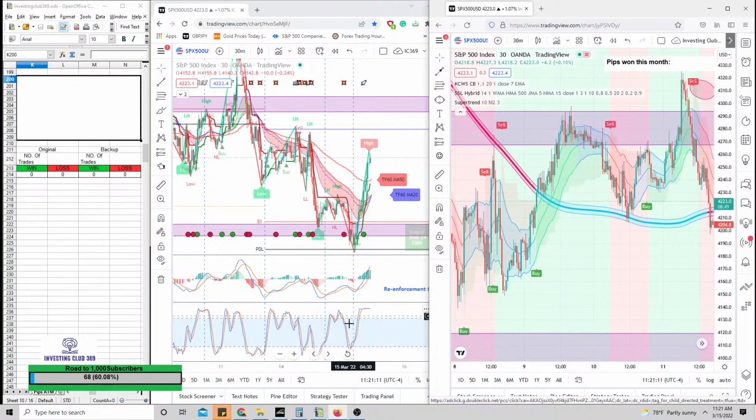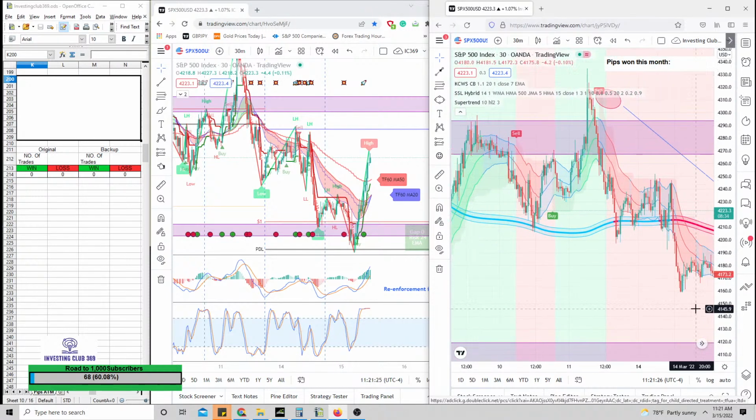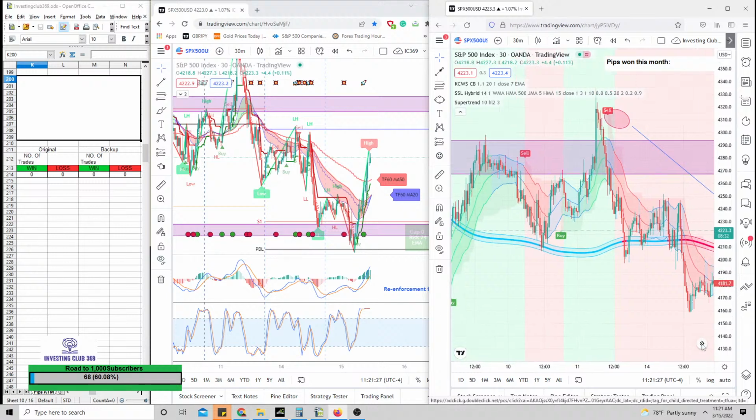So you also use your stochastic. It's good to use the stochastic to make sure that it's also at the bottom, in the oversold area, and we can be more confident. That's why, let me go to the beginning.